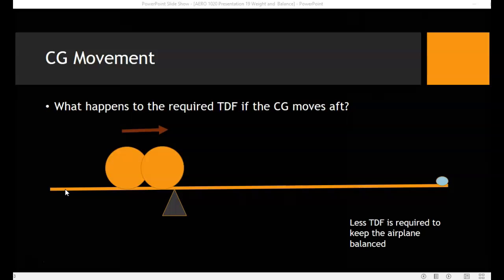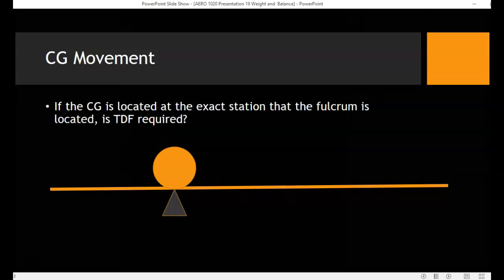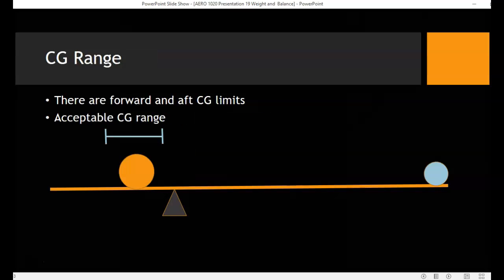If we do that, we'll require less tail downforce because we have reduced the arm between the center of gravity and the pivot point. If we move the center of gravity so that it is exactly at the fulcrum, then no tail downforce is required. Aircraft are designed with limitations on the center of gravity.